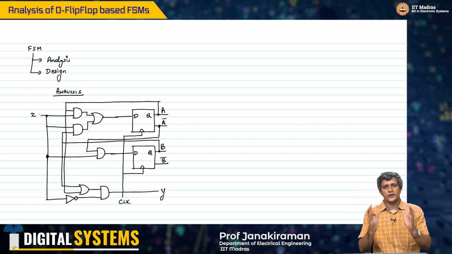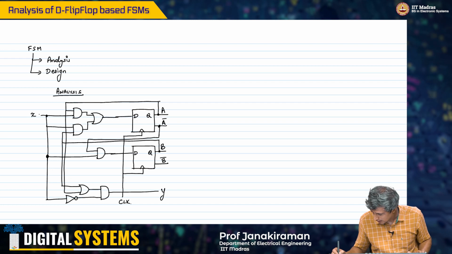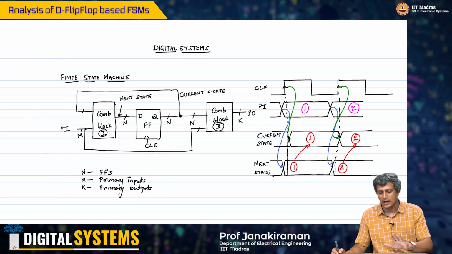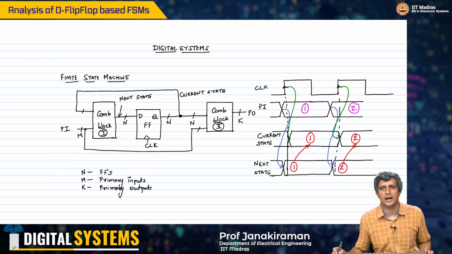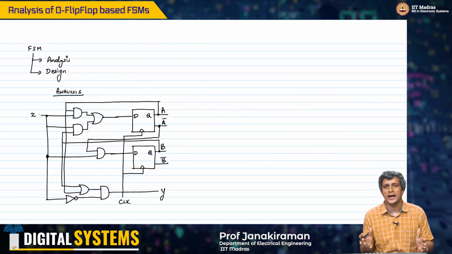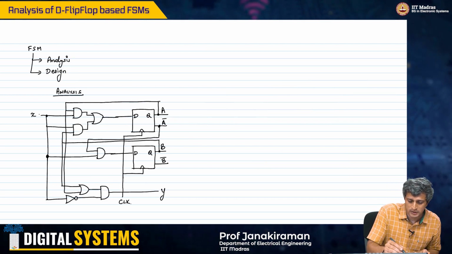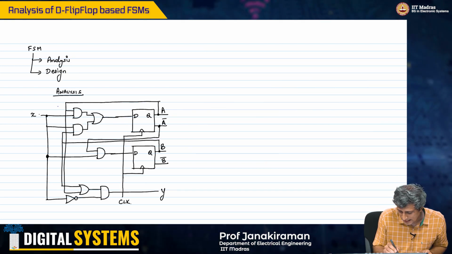Okay, so the first thing to do is to recognize that any given circuit can be mapped back to this block diagram that I have drawn here. So if you were to just look at what is combinational block 1 and combinational block 2, it is as simple as this.